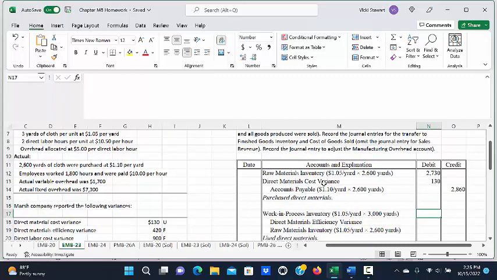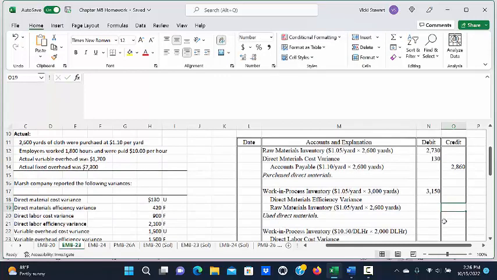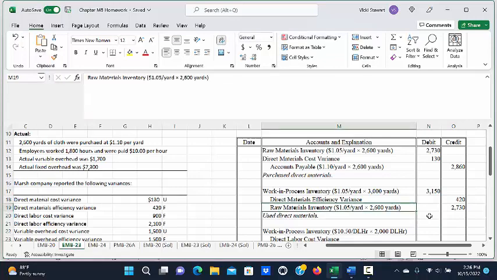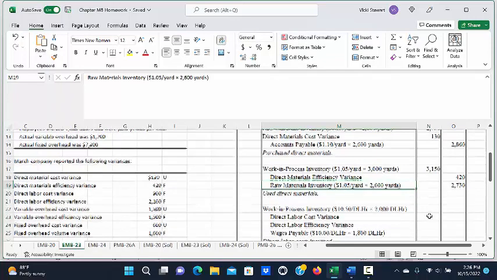So we would debit work in process for $3,150, and we would credit raw materials inventory for the standard cost times the actual yards that we used, which was $2,730. So that means that we had a direct materials efficiency variance that was favorable of $420 since we used 400 less yards of material.